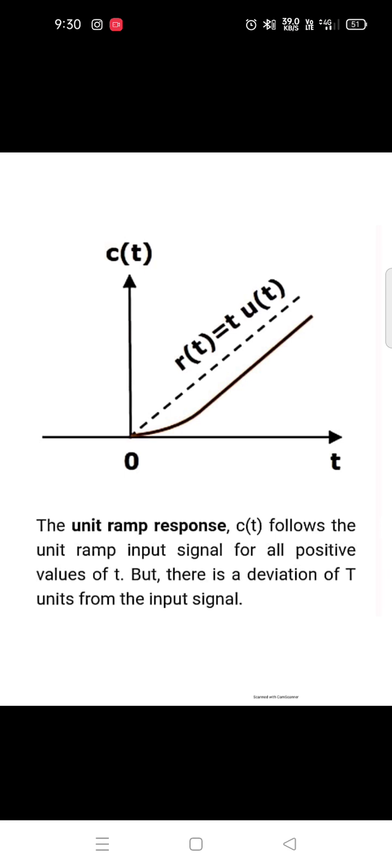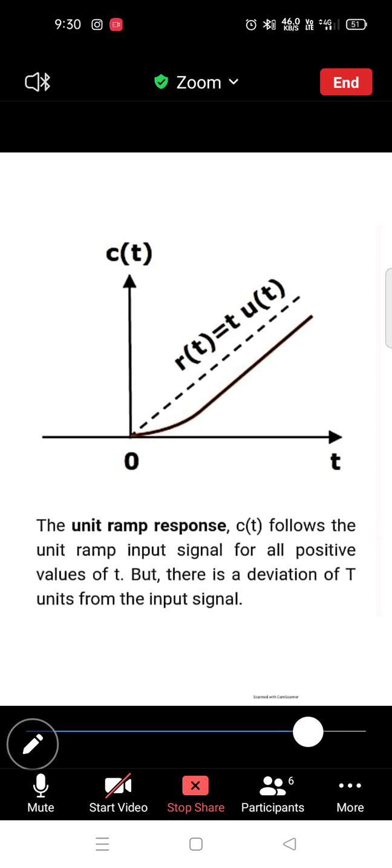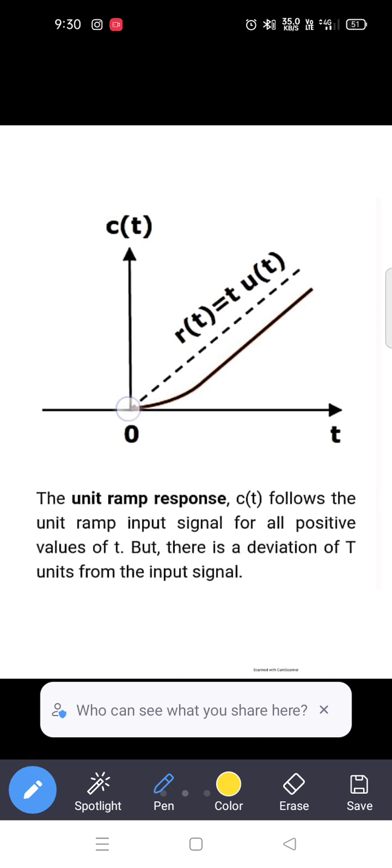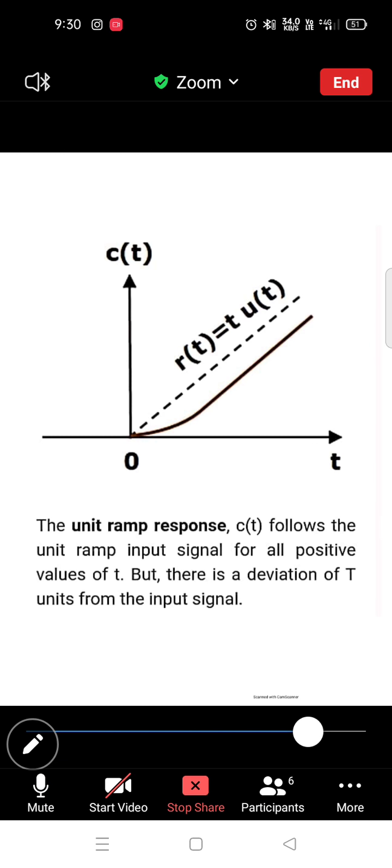Now here we can see that c of t follows the unit ramp input signal for all positive values of t. We have the ramp signal in a linear way, and the first order system ramp response comes as this. So this is for the ideal system, and the lower curve is for the first order system ramp response.